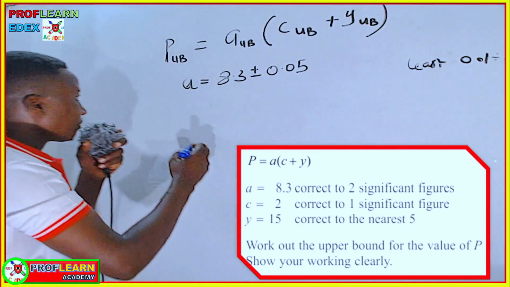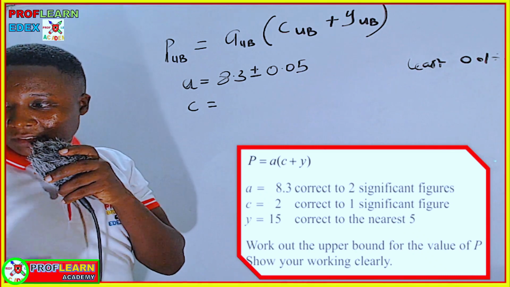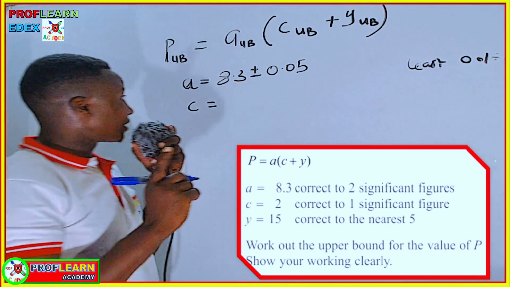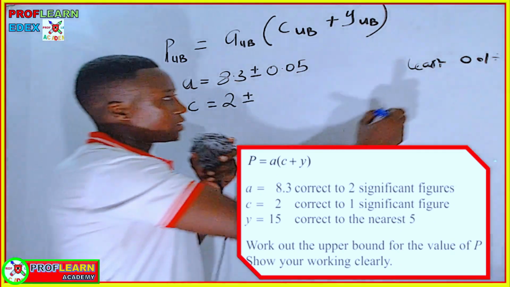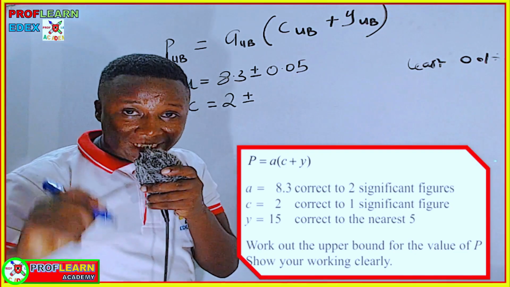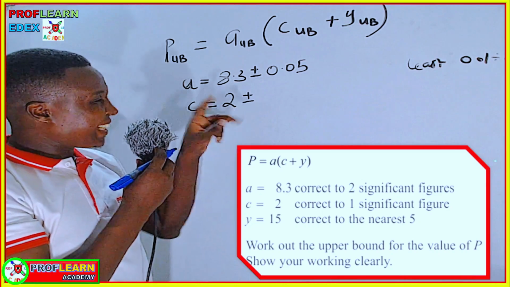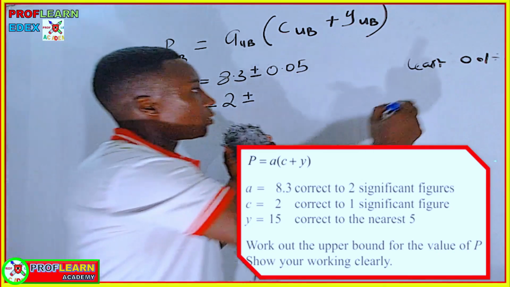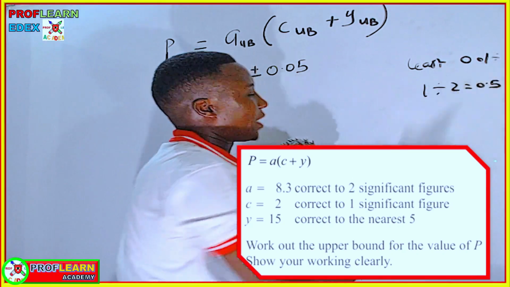For C, here we are told that it is correct to one significant figure. So we are having 2, plus the least unit for correct to one significant figure. The least unit here, because this is actually 2, the least unit in one significant figure is going to be 1. So 1 divided by 2 is going to be 0.5.